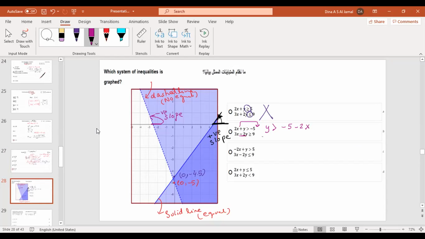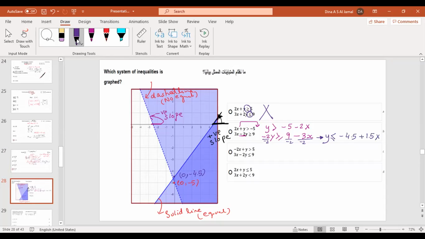So first of all, keep it as it is, -2y, 9 minus 3x. Then don't forget, you will be dividing by -2, which will change the sign. So it will be y less than or equal to -4.5 plus 1.5x.